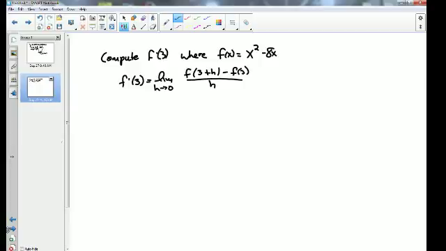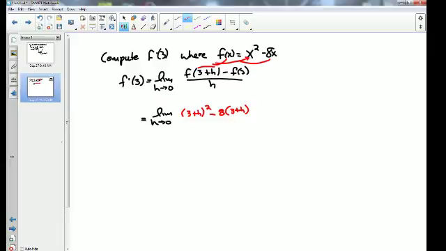You with me so far? Now let's do the math. Is f of 3 plus h the same as f of 3 plus f of h? No. Remember, when you evaluate a function, this whole quantity goes in for x. So it's 3 plus h squared minus 8 times 3 plus h.